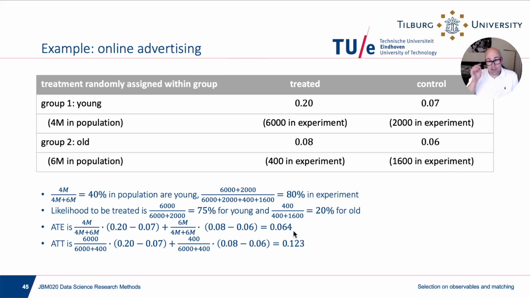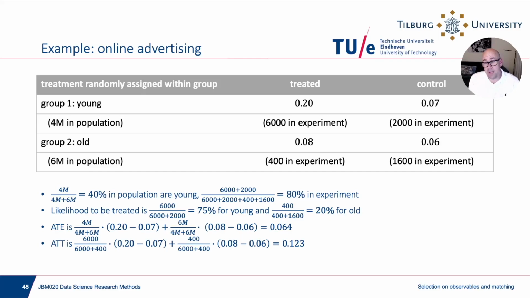0.064. What is that number 0.064? It is the change in the outcome, and since the outcome is a 0,1 variable, I haven't written this explicitly on the slide, but if this is the underlying idea, then these would be 6.4 percentage points.